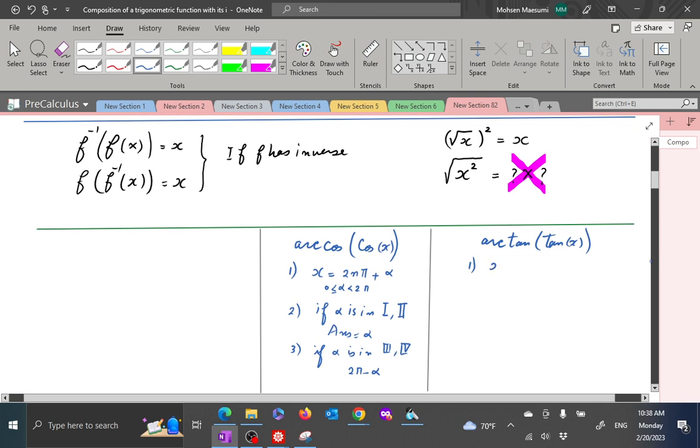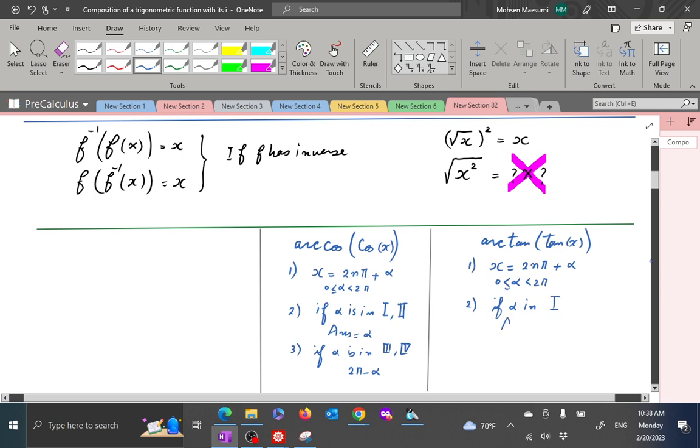That is, take x, add or subtract multiples of 2 pi to it until what is left is in the first circle. Then if alpha is in quadrant 1, then you got it made.